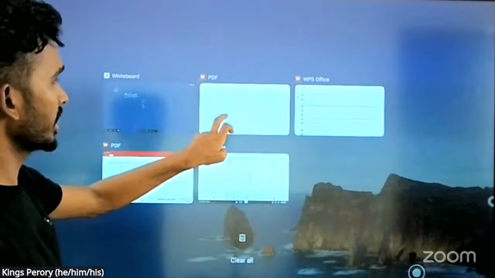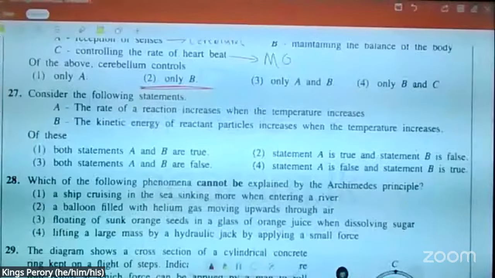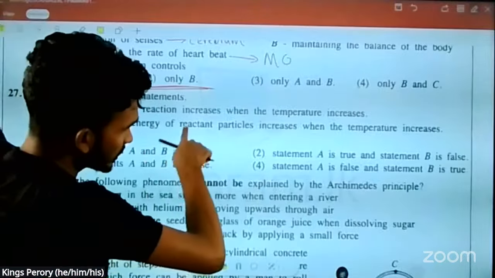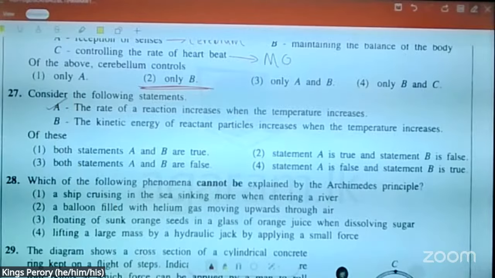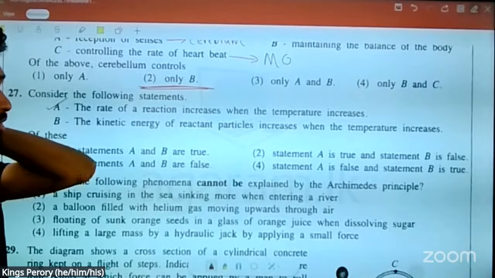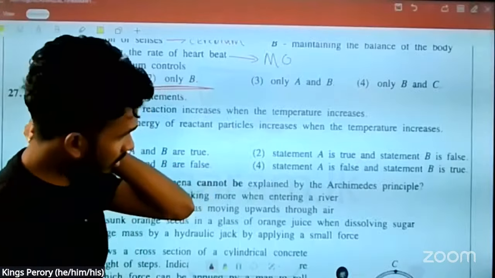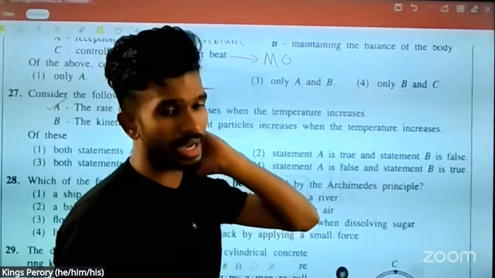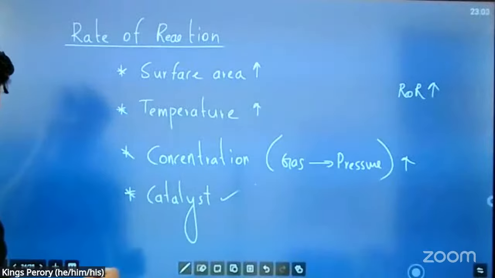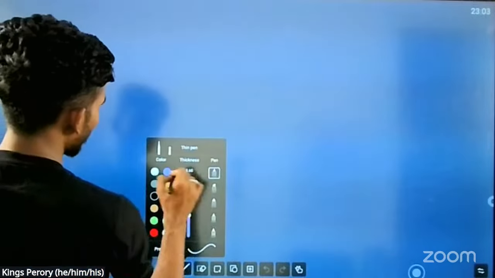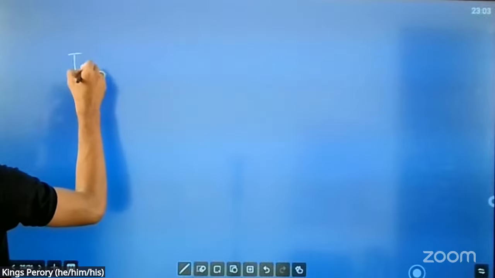So the statement is telling rate of reaction increases when the temperature increases. That is true. B part, kinetic energy of reactant particles increases when the temperature increases. Can you all remember under the heat lesson you learned the definition of temperature?